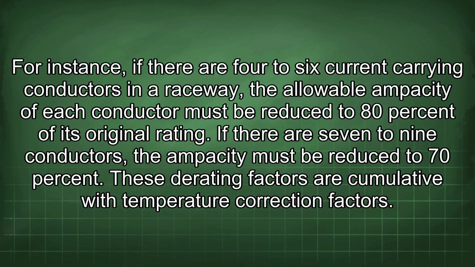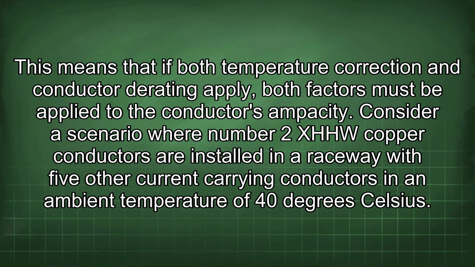For instance, if there are 4 to 6 current carrying conductors in a raceway, the allowable ampacity of each conductor must be reduced to 80% of its original rating. If there are 7 to 9 conductors, the ampacity must be reduced to 70%. These derating factors are cumulative with temperature correction factors. This means that if both temperature correction and conductor derating apply, both factors must be applied to the conductor's ampacity.